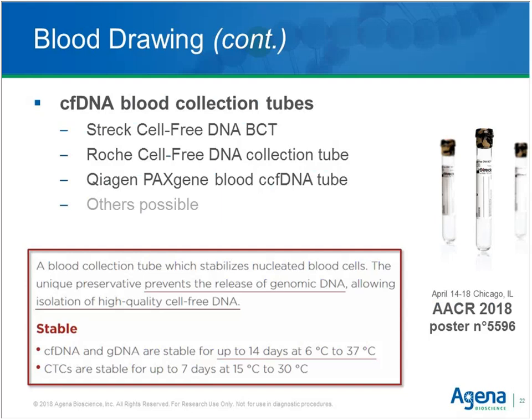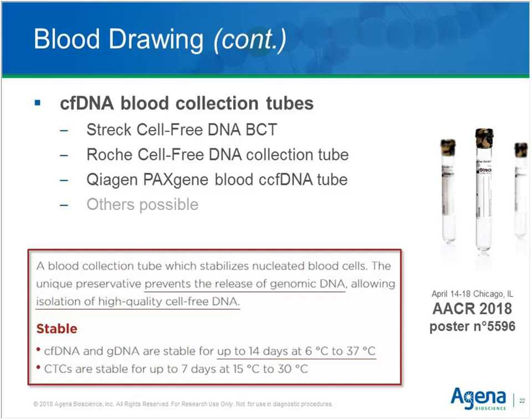A statement from Streck, just because they were one of the first offering such a product, you can see in the red rectangle text, is that, well, this is a blood collection tube which stabilizes nucleated blood cells. Its unique preservatives prevent the release of genomic DNA, so that is what we want.